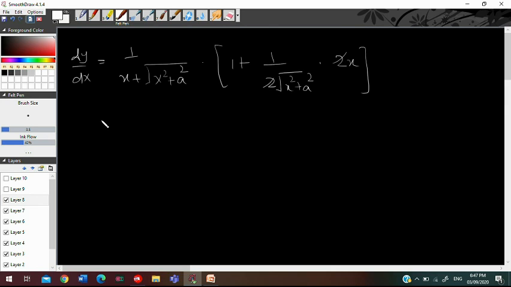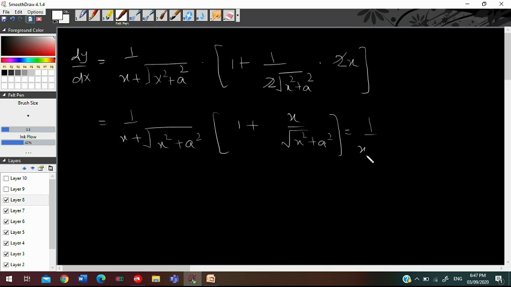Now 1 by (x plus under root x square plus a square) into (1 plus x divided by under root x square plus a square). Now we take the LCM: 1 by (x plus under root x square plus a square) into (under root x square plus a square plus x) whole divided by under root x square plus a square.